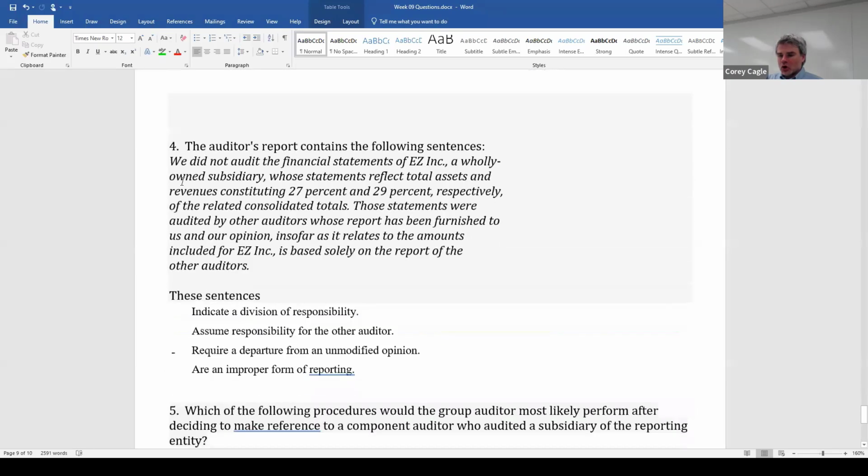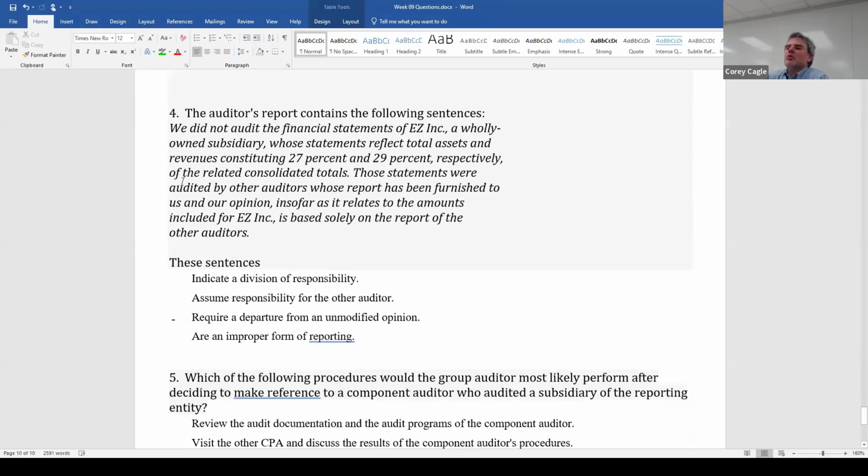Number 4, the auditor's report contains the following sentences. We did not audit the financial statements of Easy Incorporated, a wholly owned subsidiary, whose statements reflect total assets and revenues constituting 27% and 29% respectively of the related consolidated totals.